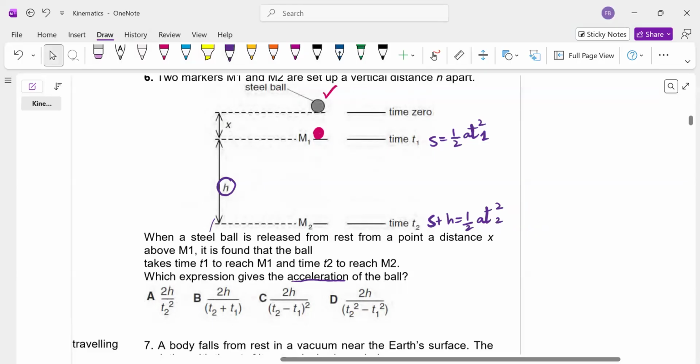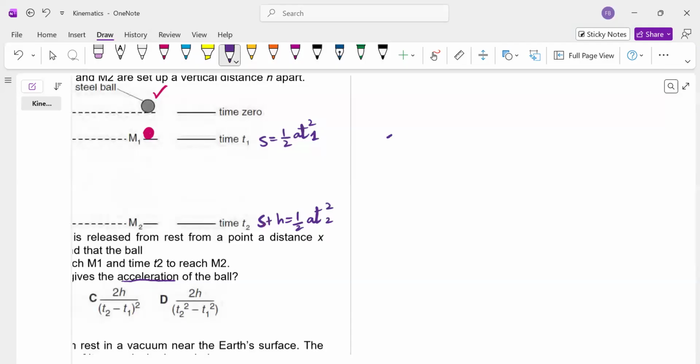If you have this equation over here, this is equation 1 and this is equation 2, let's say. You will get the final equation. Firstly, S plus H equals half a T2 square.